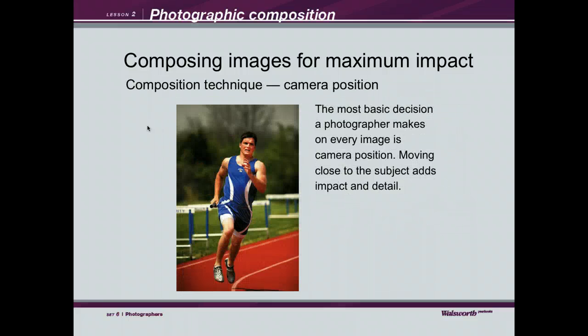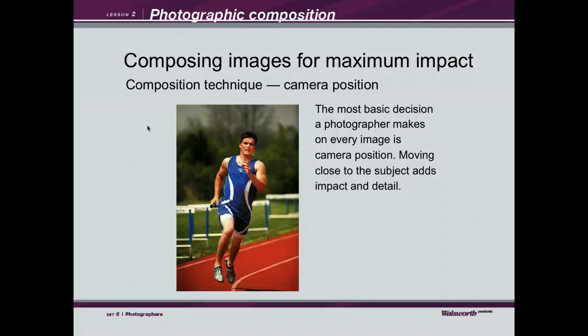So let's take a look at a couple things that we can do to help compose our photos for maximum impact. The first composition technique is camera position. This is the most basic decision that a photographer makes on every image, and this is where the photographer has to decide, am I going to move close to the subject to add impact and detail?